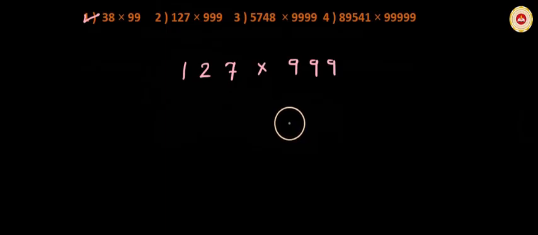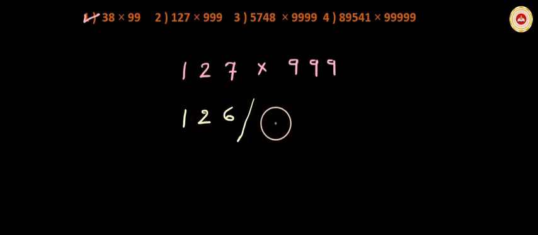What is the left part? Subtract 1 from the multiplicand, that means calculate Ekanyunena of the multiplicand. So 127 minus 1 is 126. Draw a slash to separate the left part and right part.